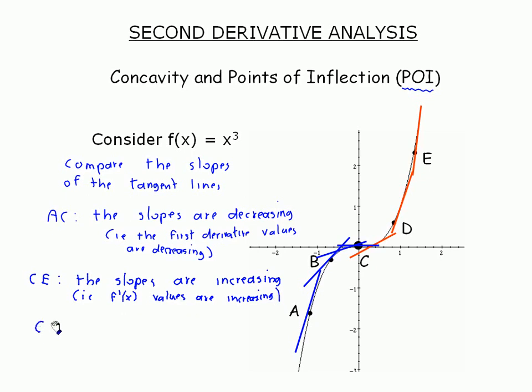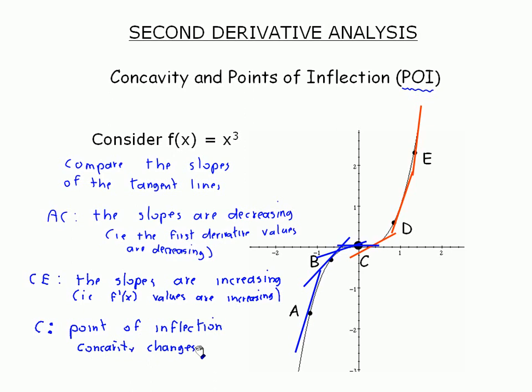So point C is what we call a point of inflection. And this point of inflection would mean concavity changes. Now, this is going to be defined as well in the next slide.